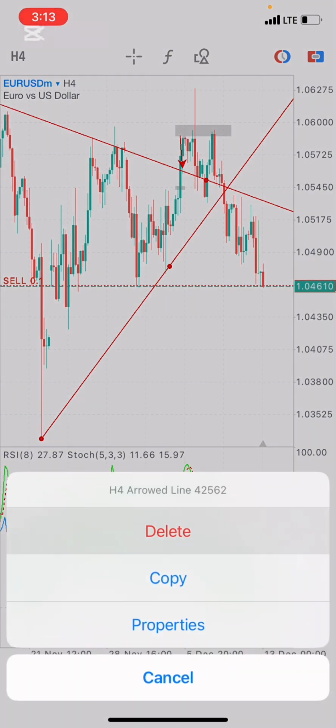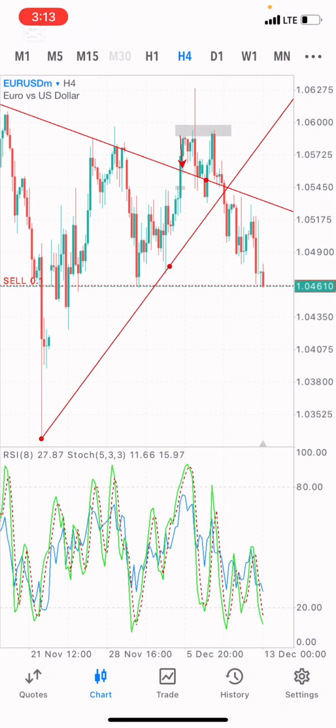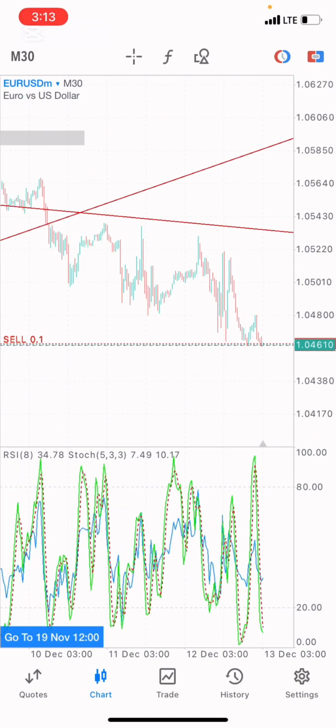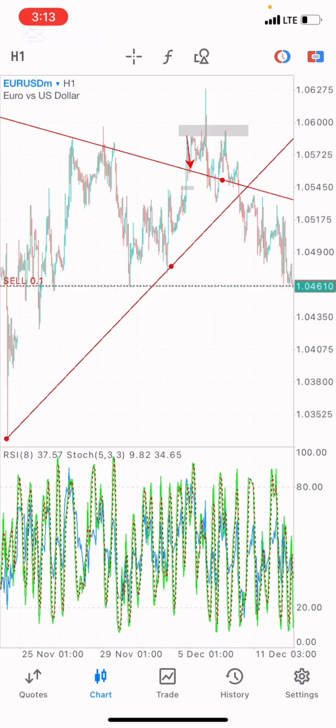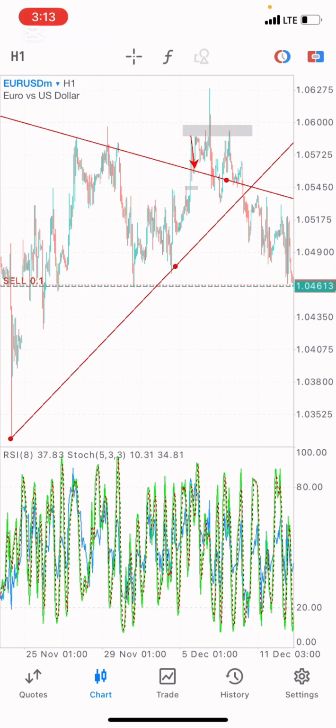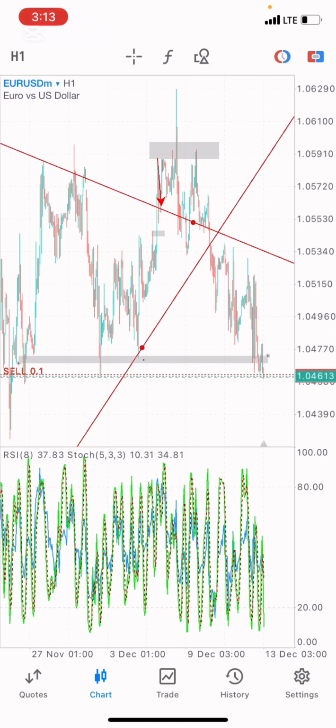Why am I selling? When you come to the lower time frame, let's look at 1 hour first. This is a support level for 1 hour. This is an in-depth analysis. This is a support level for the 1 hour time frame.